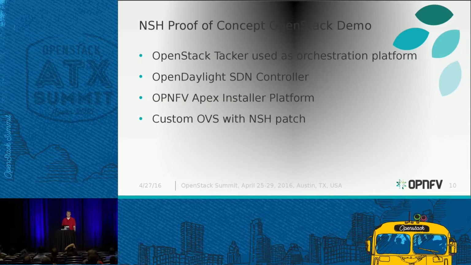We're doing all of this on the OPNFV Apex installer platform. In OPNFV there's a bunch of different installers, and we're using the Apex installer for this demo. It's a TripleO-based installer. Then we're using Open vSwitch that's custom built with NSH patches from upstream. Currently in OVS there is no official support for NSH, so we have some patches upstream that we've built a custom OVS version from for this demo.